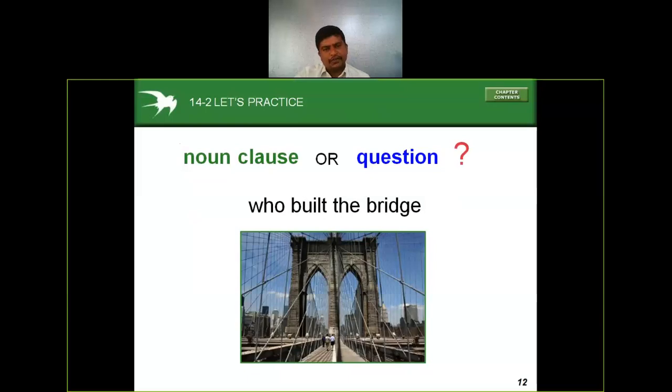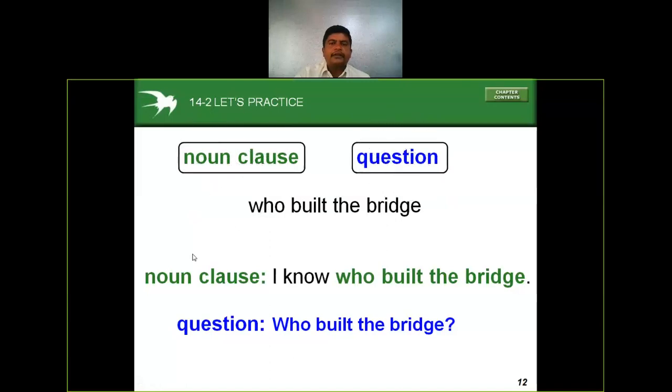Who built the bridge? See here, noun clause and question. Who built the bridge? This is a direct question. I know who built the bridge. This is a noun clause, because the noun clause is in the middle of the statement, starting with the WH word.